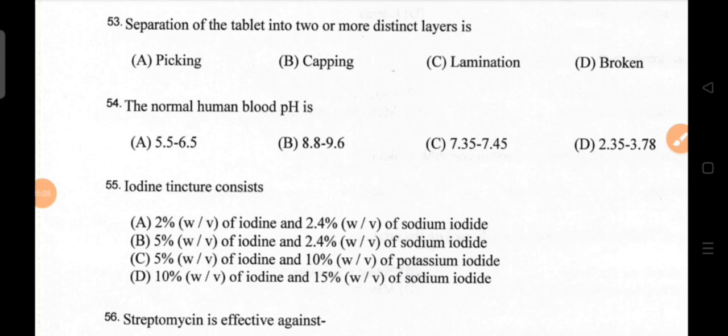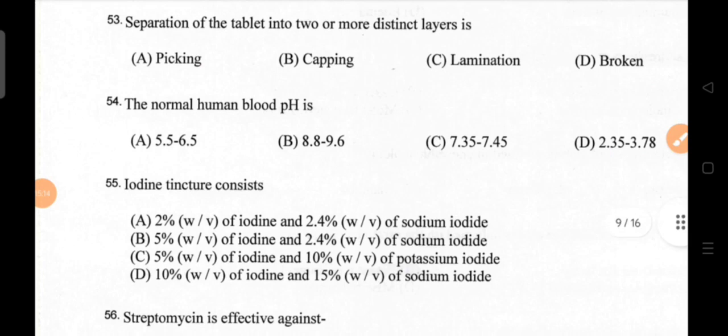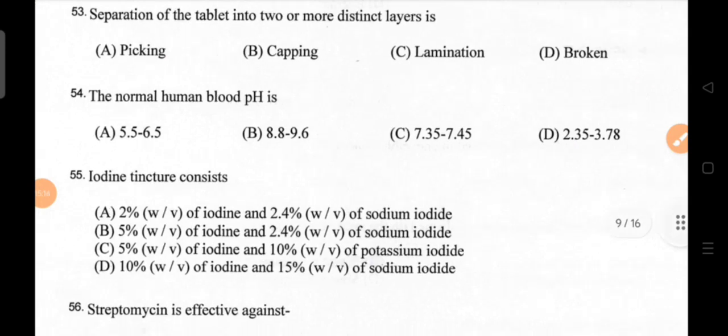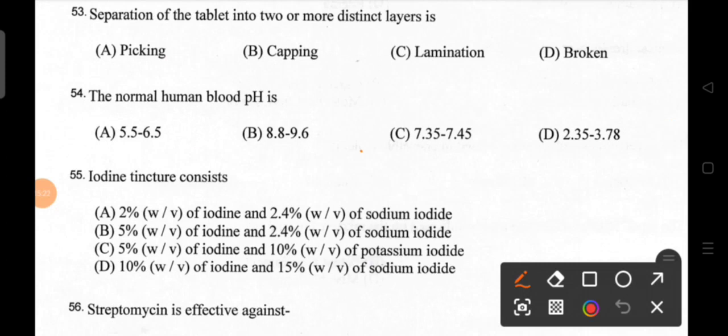Normal blood pH: option A 5.5 to 6.5, option B 8.8 to 9.6, option C 7.35 to 7.45, and option D 2.35 to 3.78. The correct answer will be option C, 7.35 to 7.45. Slightly alkaline. So this is a very important question.